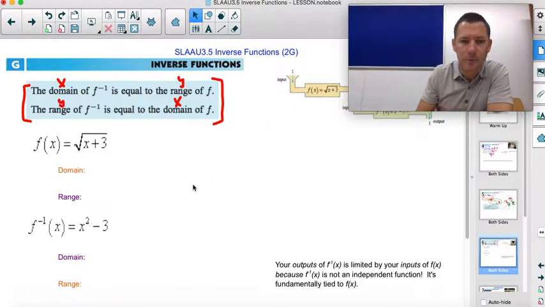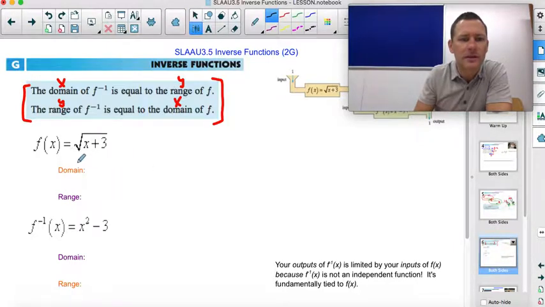So, for example, here's root x plus 3. The domain of this is going to be, let's see, the radicand, the stuff inside, can't be negative. It can be 0, but it can't be negative. So it's got to be greater than or equal to 0. If you solve that, x has to be greater than or equal to -3.